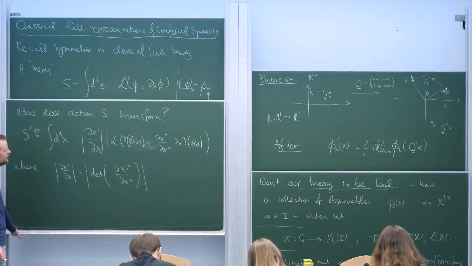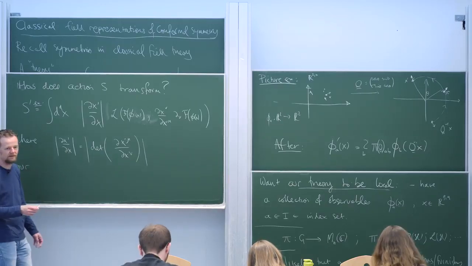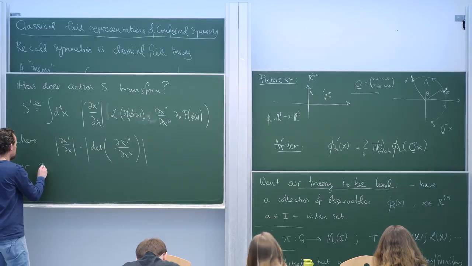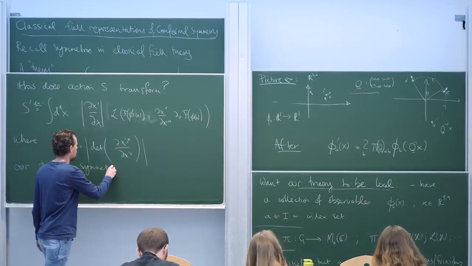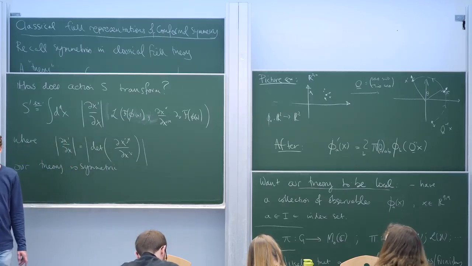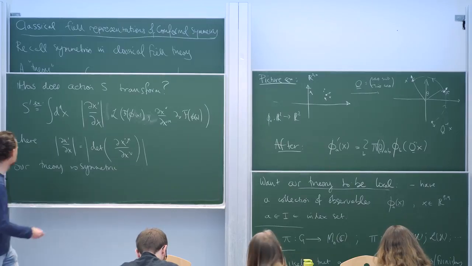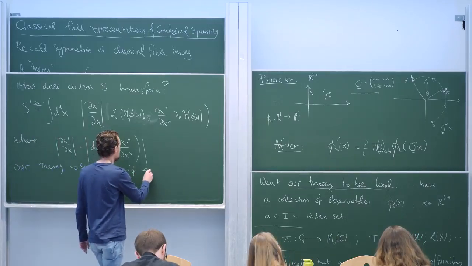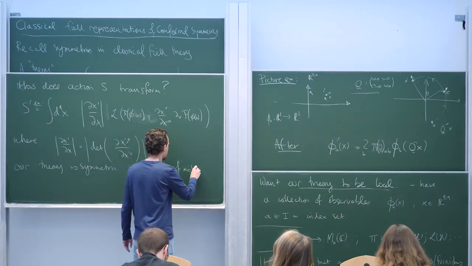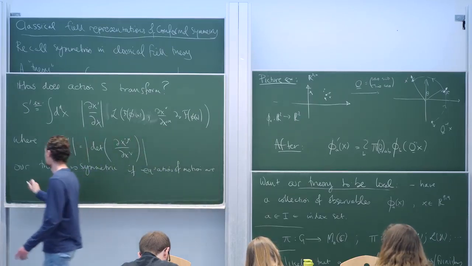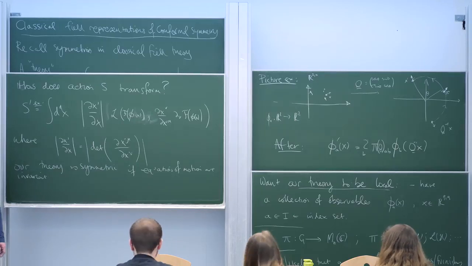And we say our theory is invariant or symmetric, or is a conformal field theory, if it leaves the equations of motion invariant, not the action. The action doesn't have to be invariant, just the equations of motion. And what that means is that the action is allowed to change by a total derivative.